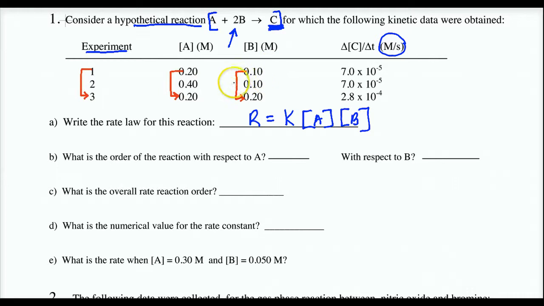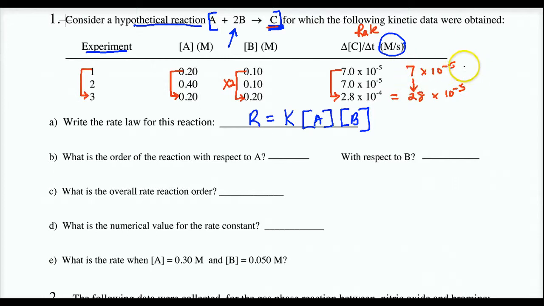So if you notice something, B doubled while A stayed the same. What happened to the rate? This is the rate of reaction, the speed of making C. We went from 7.5 times 10 to the negative 5 to 2.8 times 10 to the negative 4. Now for those that don't see this, 2.8 times 10 to the negative 4 is the same as 28 times 10 to the negative 5. So we went from 7 times 10 to the negative 5 to 28.